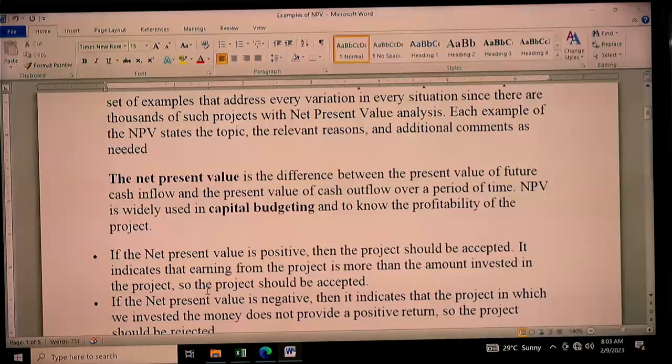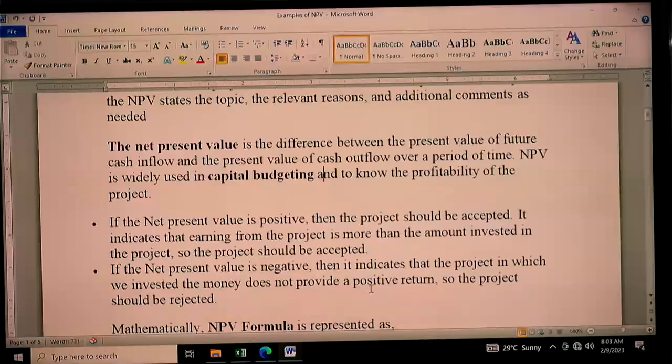It indicates that the earning of the project is more than the amount invested in the project. So the project should be accepted. If the net present value is negative, then this indicates that the project in which you invested your money does not provide a positive return. So the project should be rejected.